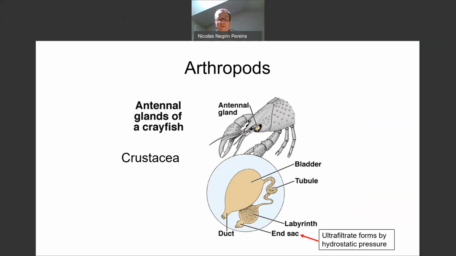And then we will see that the antennal gland is followed by a labyrinth, a tubule that will end up in a bladder, and throughout the length of this tubule, the fluid will experience selective reabsorption and active secretion, eliminating into the lumen of the tubule all these substances that the organism doesn't actually need.